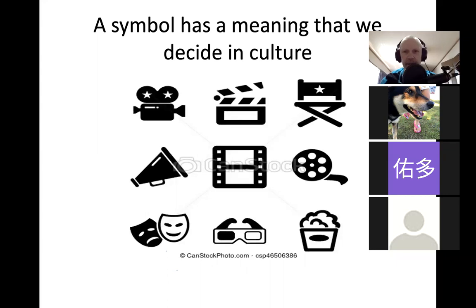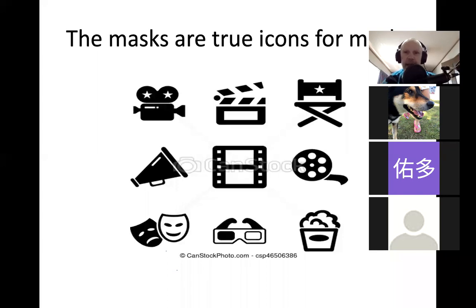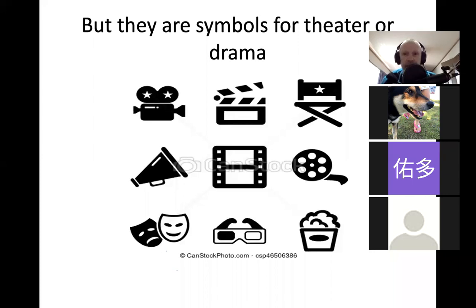Anyway, right. So indexes, icons, and symbols. The masks are true icons for masks. They look like masks. So they're icons. But they're symbols for theatre or drama. They don't look like theatre or drama. Do you get that?